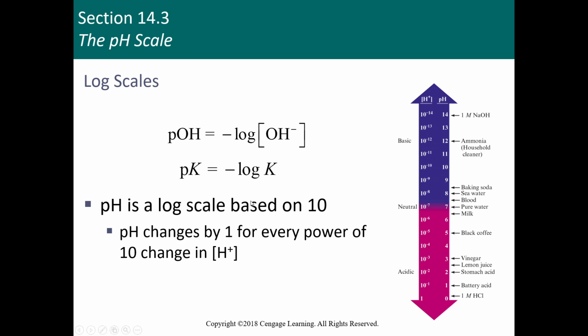So pH, that was negative log of the H plus concentration, right? pOH then would be the negative log of the OH minus concentration. And pK would be the negative log of the equilibrium constant K. So again, these are going to be used so we have a much easier way of writing these down and using these numbers, because you may have noticed many of these numbers are actually quite long to write down.